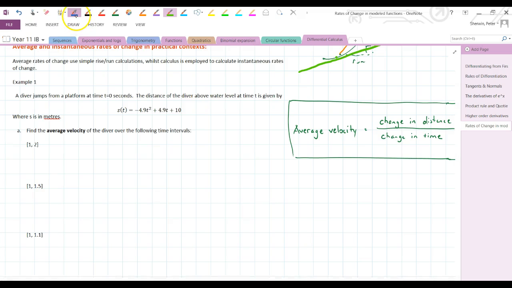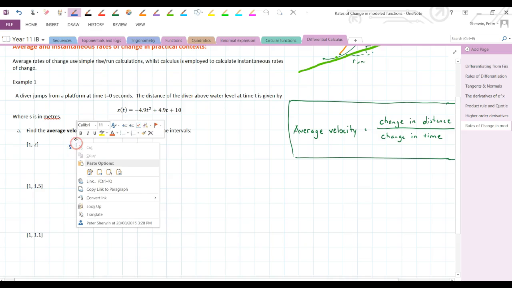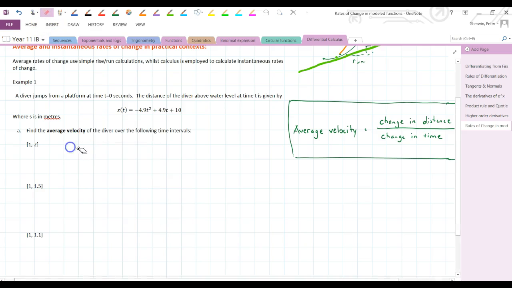So our calculation is going to be S2 minus S1. Writing is difficult sometimes. So this means where the diver is at 2 seconds, where he is at 1 second, over 2 minus 1. That's the change in time, 2 seconds to 1 second.